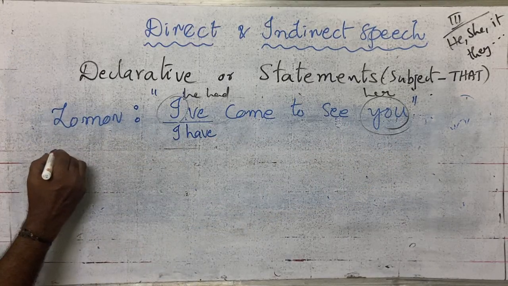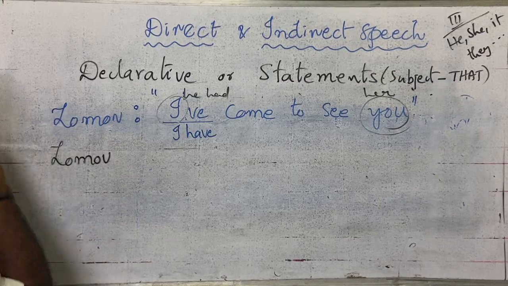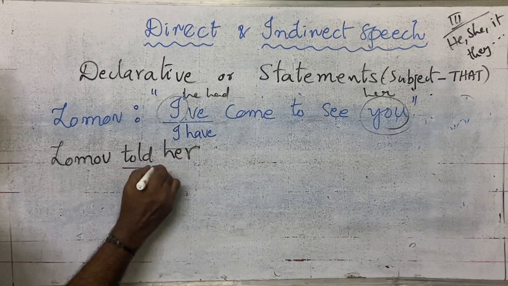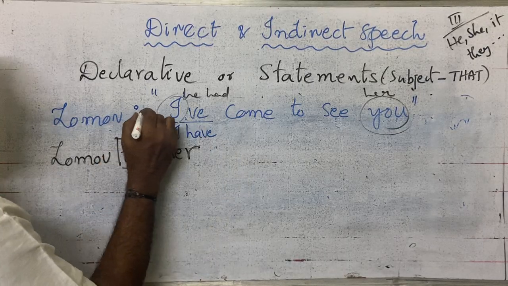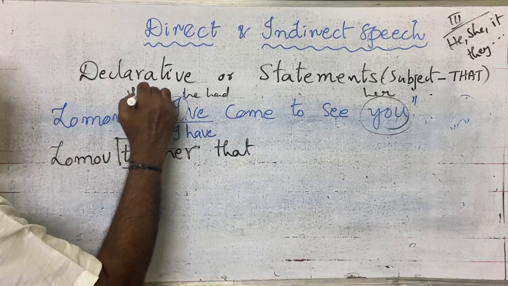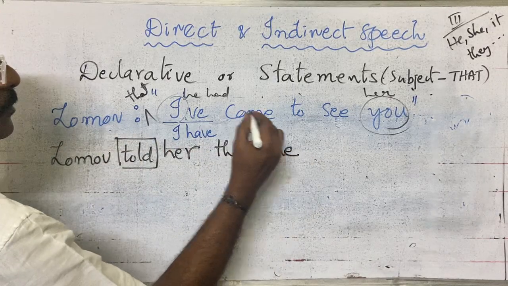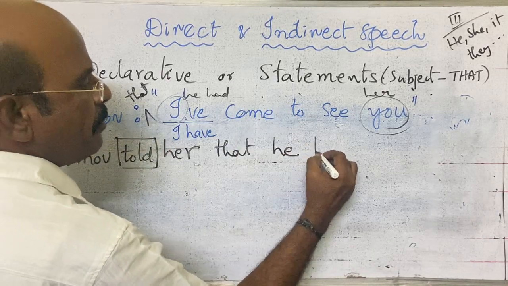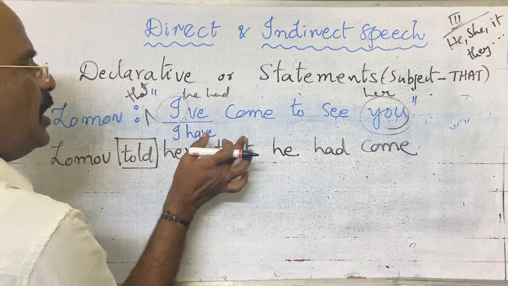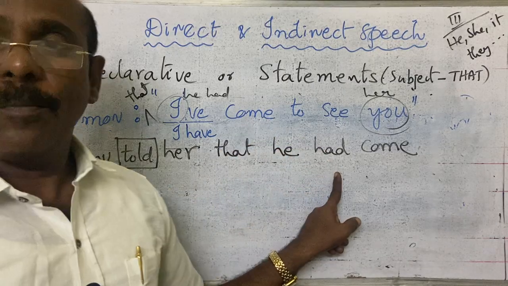Now the answer is: Lomo told her that he had come to see her. As two persons are there, we can take told. Here the conjunction that. I means Lomo, so he. Have come became had come. This is actually present perfect, which we convert into past perfect.